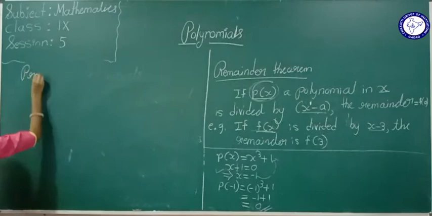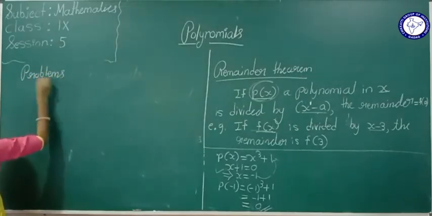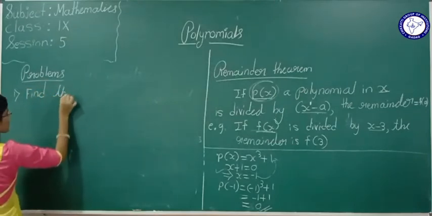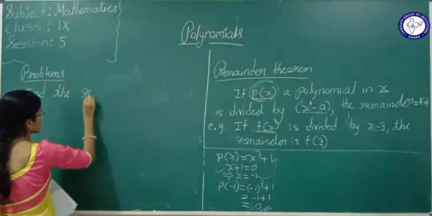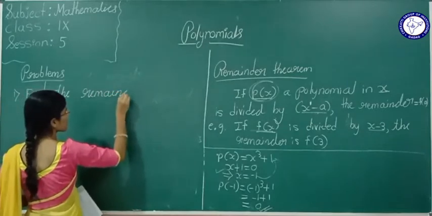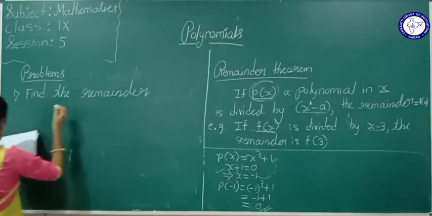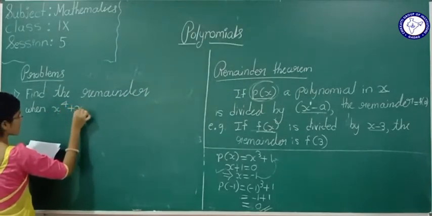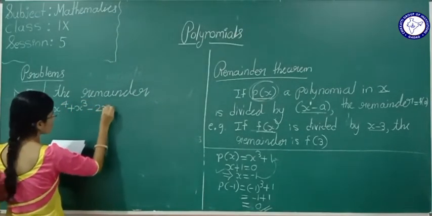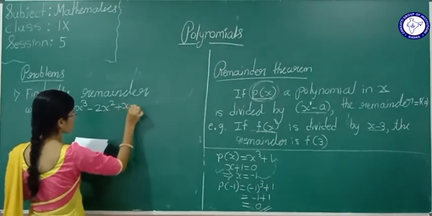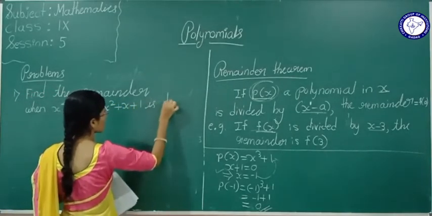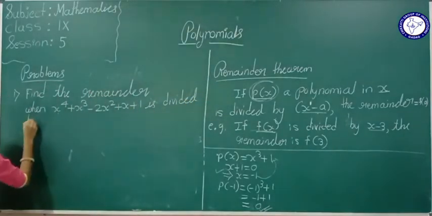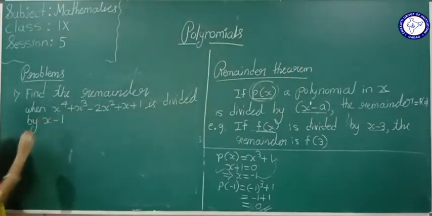Problem: find the remainder when x raised to 4 plus x raised to 3 minus 2x square plus x plus 1 is divided by x minus 1.